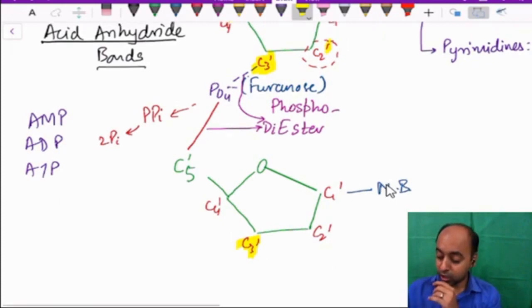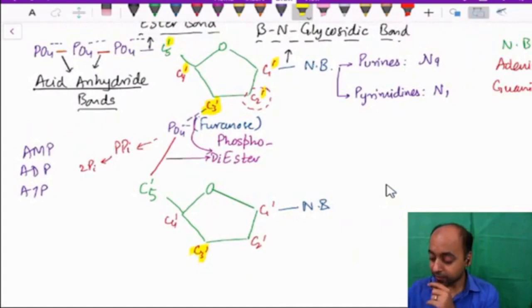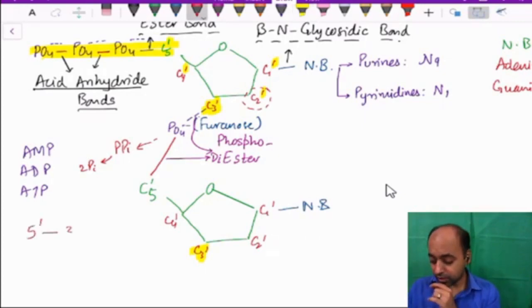And if you look at the orientation of the nucleic acid, at one end you will have the 5' end which is free, and on the other end where the new nucleotide is going to come and attach is the 3' end. So when we talk about the orientation of nucleic acid, whether it is the DNA or the RNA, we say the nucleic acid is oriented from 5' to 3'.